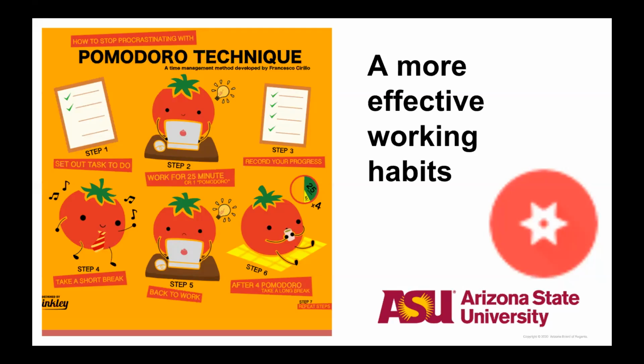It's usually a 35 minute long break. You can use this long break to play Switch, just as a reward for your high-level working. And I know Animal Crossing is very popular recently. So Pomodoro is a more effective working habit for you to use.